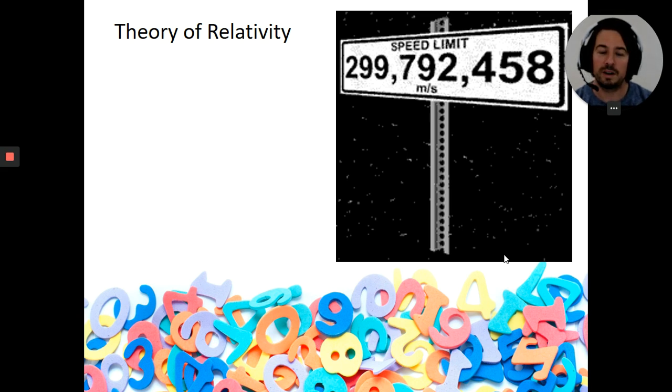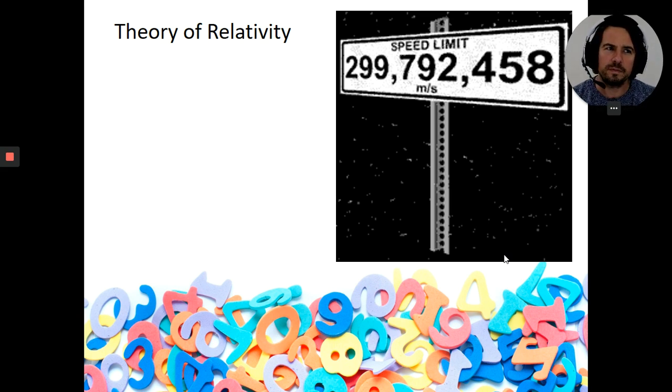One thing that does travel at the speed limit is light, which is why this is frequently called the speed of light. And if nothing can travel faster than the speed of light, then imagine something which is going at 3/4 of the speed of light. If they launch something at 3/4 of the speed of light, then surely it should be going at 1.5 times the speed of light. But that breaks the rules.